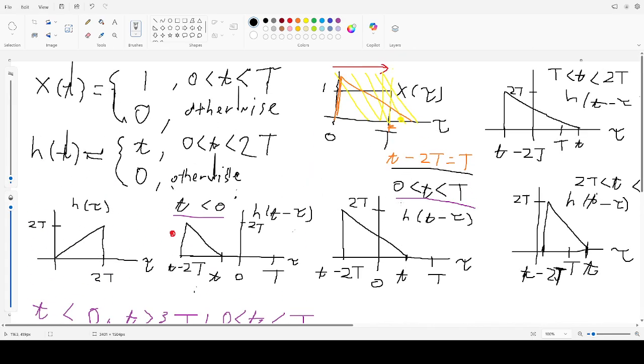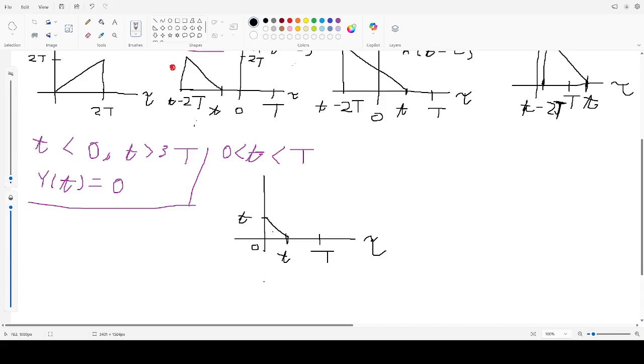And the rectangle is height 1. So you multiply the triangle times the rectangle, you're multiplying by 1. The rectangle basically only defines the shape. So the area under this curve is the integral. Oh, this area down here. Where this is a graph of x of tau, h of t minus tau.